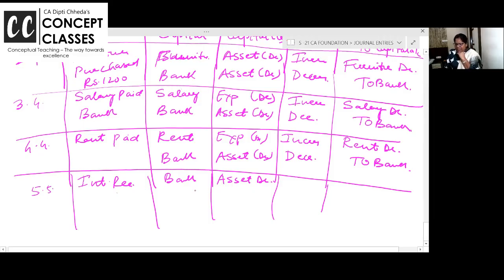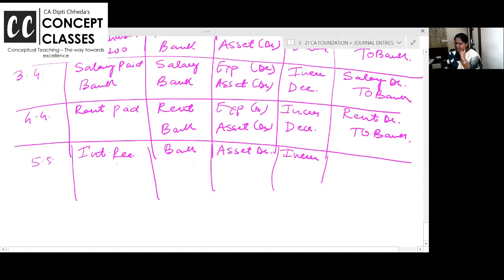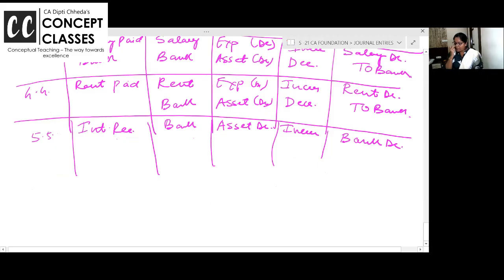So interest is received in bank. What is the nature of bank? Asset. Is it increasing? Yes. Already you have money in bank, debit balance. Interest is received, more debit, increase. Bank account, debit. Interest is income.